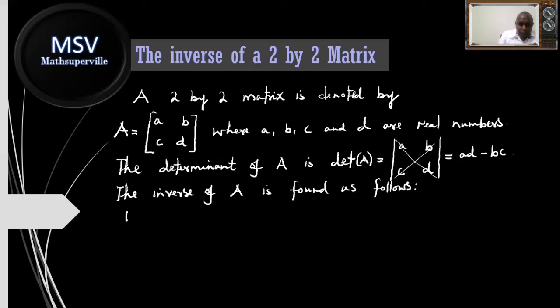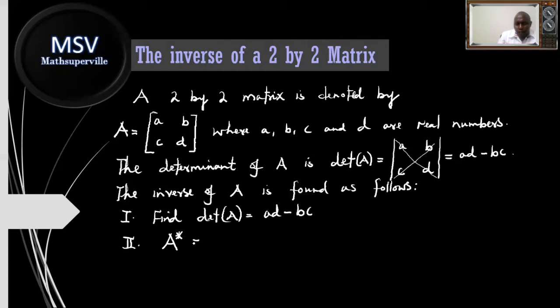Step 1, find the determinant, which we already know. Which is AD, the product of A and D, minus the product of B and C. Step 2 is to find what you call the matrix A superscript star.